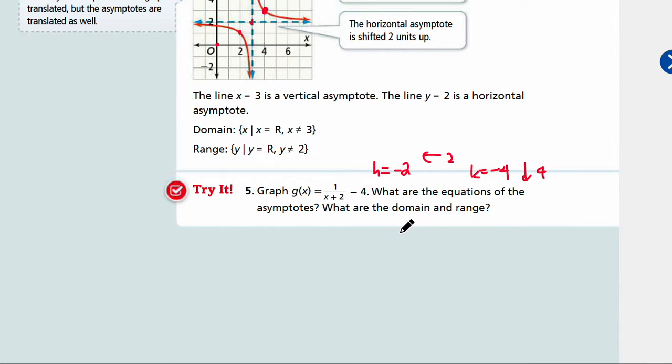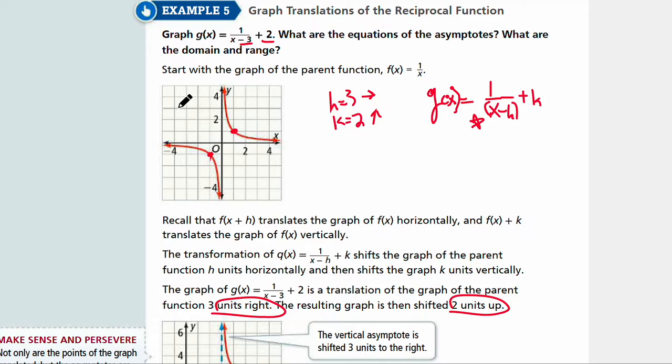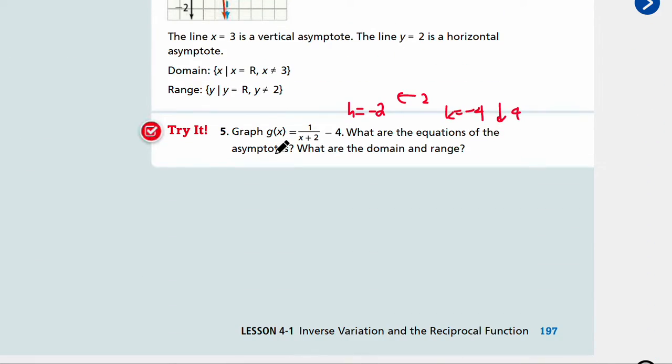So from our parent function here, 1 comma 1 and -1 comma -1, and then we had the asymptotes at x equals 0 and y equals 0. We're going to move our graph horizontally to the left 2 units, and then vertically down 4 units.